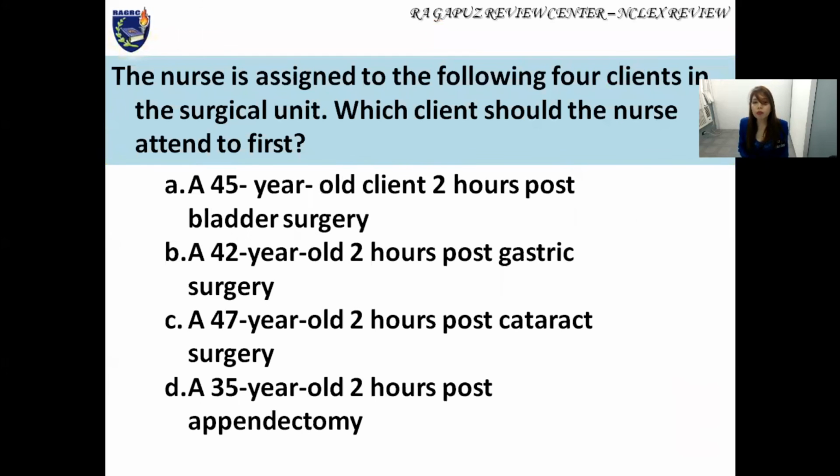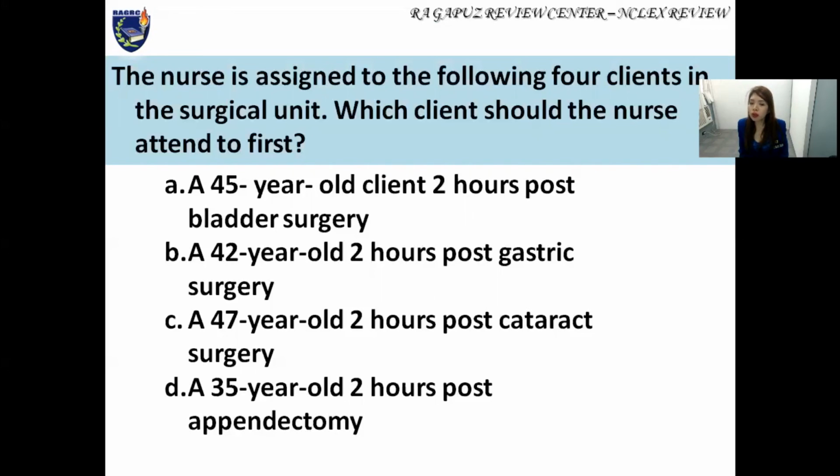So therefore, here is a sample question for clients in the surgical unit: which client should the nurse attend to first? Letter A, a 40-year-old client, 2 hours post-bladder surgery. B, a 40-year-old, 2 hours post-gastric surgery. C, a 47-year-old, 2 hours post-cataract surgery. Or letter D, a 35-year-old, 2 hours post-appendectomy. Okay?